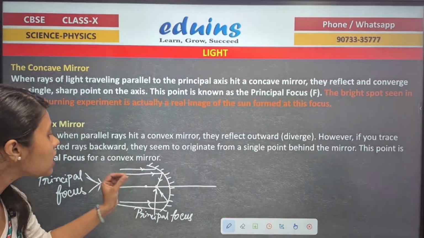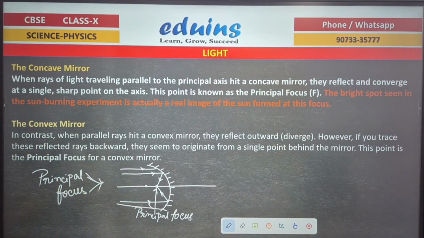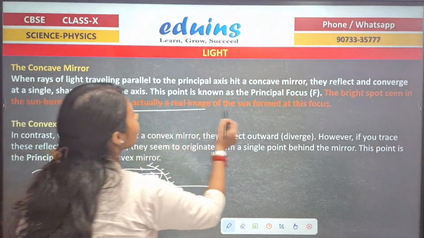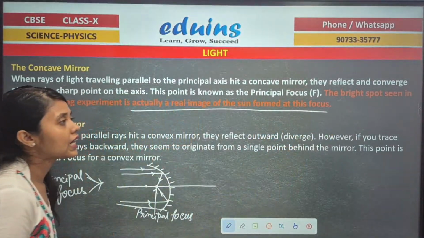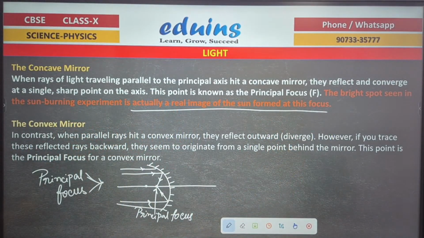So this is the converging mirror. So the concave mirror is called a converging mirror. Okay, so which mirror is a converging mirror? This is the concave mirror. Okay, so the bright spot in the sun burning experiment is actually a real image of the sun formed at this focus. Okay, this is the converging mirror.